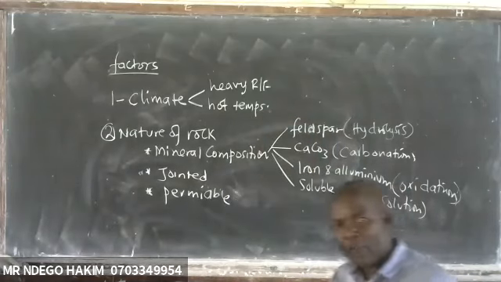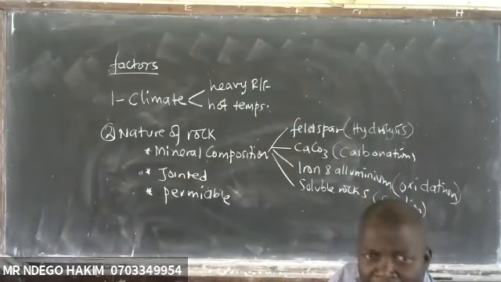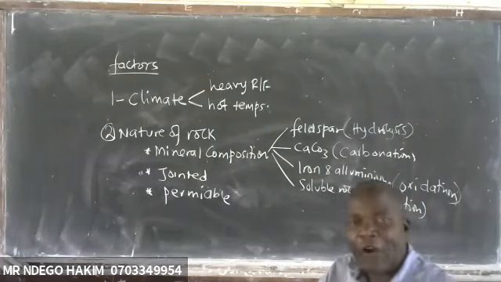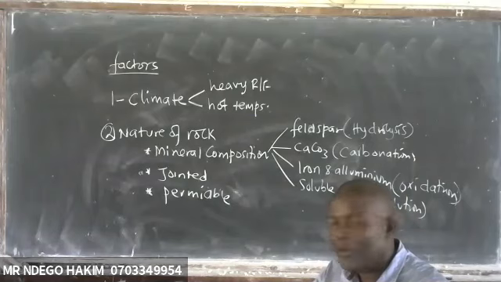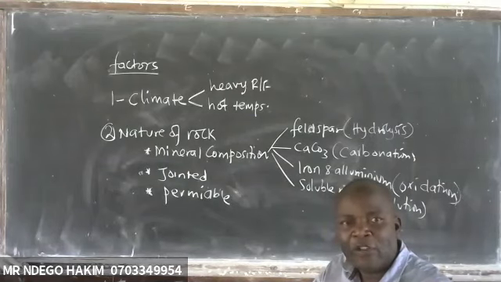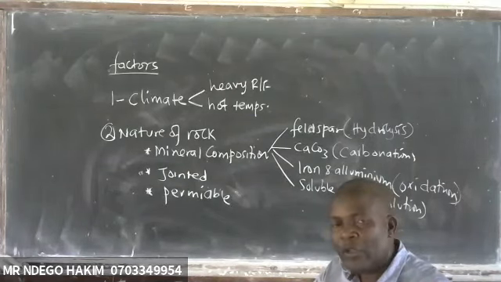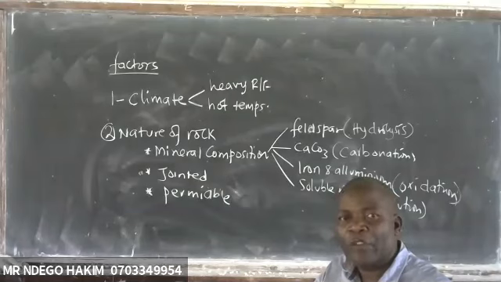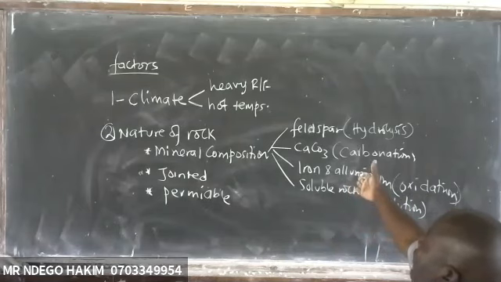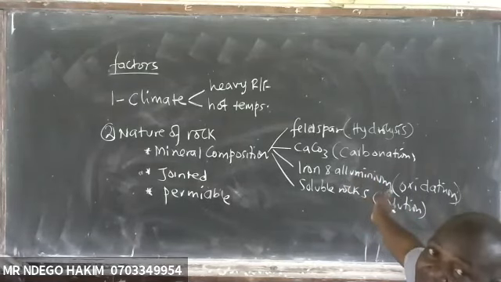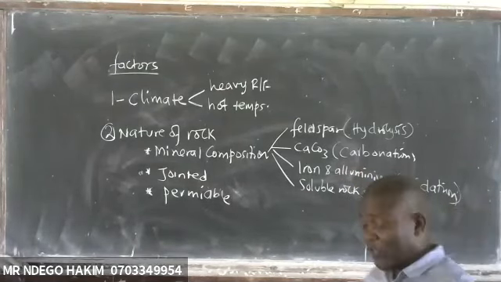We have exhausted the nature of the parent rock. One, climate, we looked at. Nature of parent rock, we looked at: joints, permeability, and mineral composition. For mineral composition, we can give an example that some rocks have feldspar, others calcium carbonate, others iron and aluminum, while others are soluble.